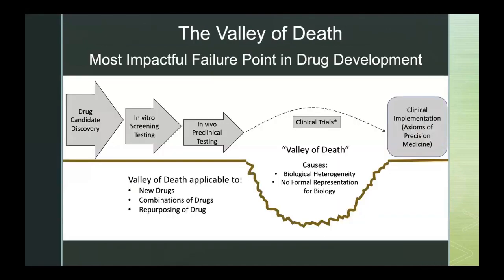So, as a surgeon who deals with sepsis, I'm very aware of the inability to come up with effective therapeutics despite a huge amount of knowledge regarding the underlying pathophysiologic mechanisms. And there's this valley of death that's well described.